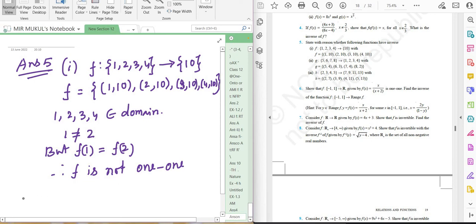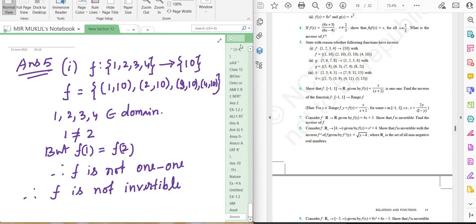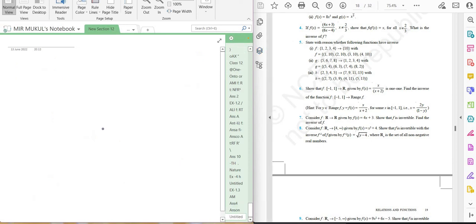If a function is not one-one, therefore f is not invertible. That means f inverse does not exist. If a function is not invertible, you prove either it is not one-one or not onto. So you can say your function is not invertible.